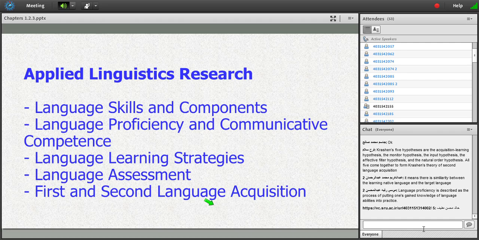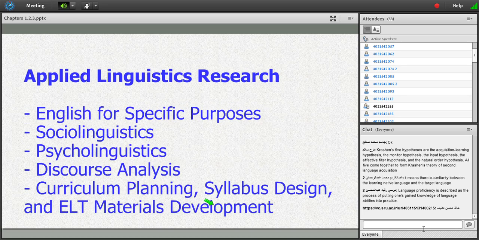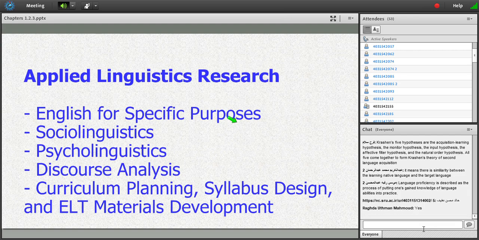So all the definitions that we have of these can be considered as part of first and second language acquisition area. Great. So we have another area of research which is called ESP, English for Specific Purposes. Have you heard about this? English for specific purposes.